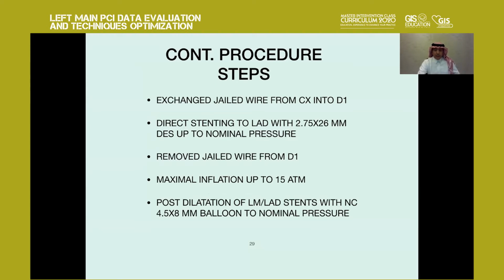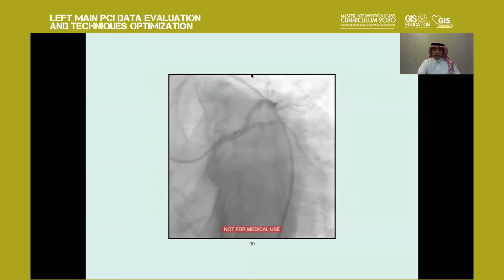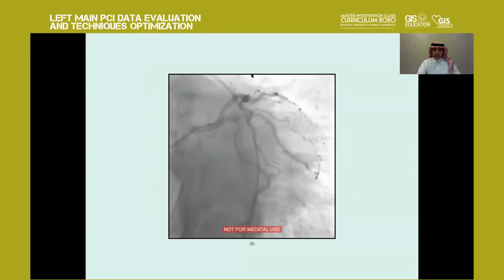Then again inflated the LAD stent up to 15 atmospheres. And finally, post-dilatation of the left main LAD stent with a non-compliant balloon 4.5 by 8 millimeter to nominal pressure. And this is the final result.